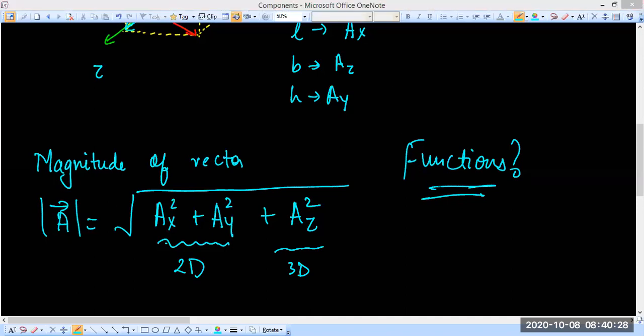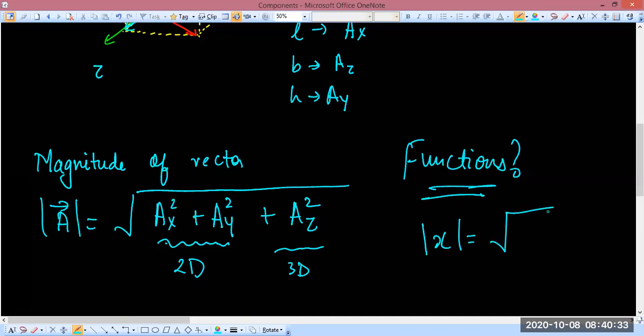Okay, so in the functions chapter, I am sure you have studied the definition of the modulus function like this. Do you know this? So I just want to talk about one thing here. Have a look.